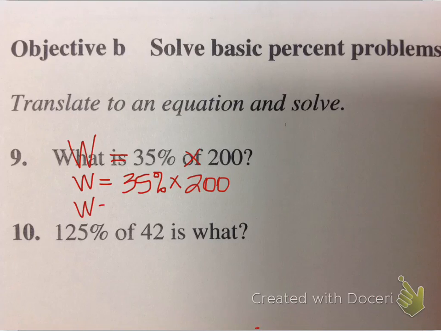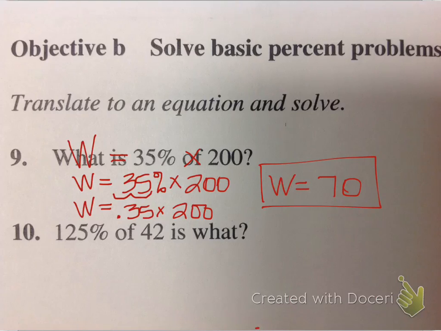The first thing we're going to have to do is change our percent to a decimal. So I'm going to move my decimal point 2 places, which gives me 0.35 times 200. So now, all I need to do in my calculator is go 0.35 times 200, and that is 70. So 70 is 35% of 200.